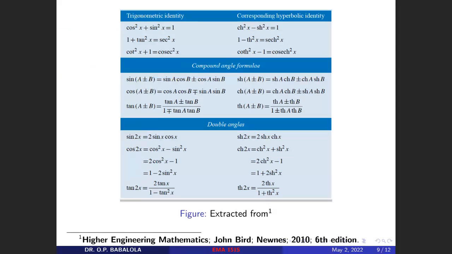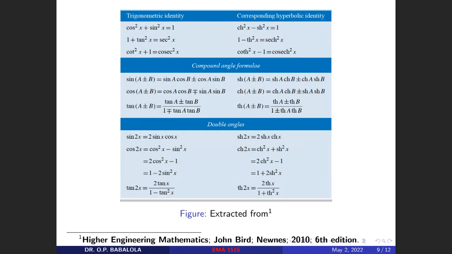Before we see the example, I've tried to put in this table. It's extracted from your recommended text, which is Higher Engineering Mathematics by John Bird, the 6th edition. So you find this in the textbook, where the trigonometric identities have been represented by the corresponding hyperbolic identities.